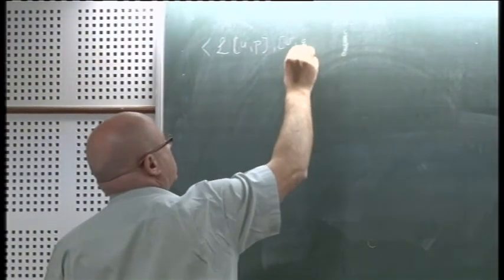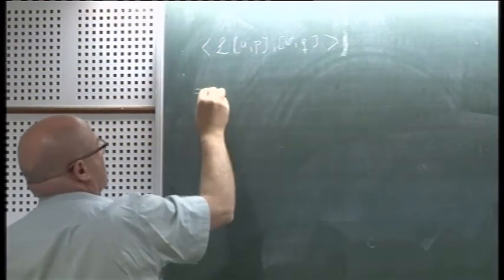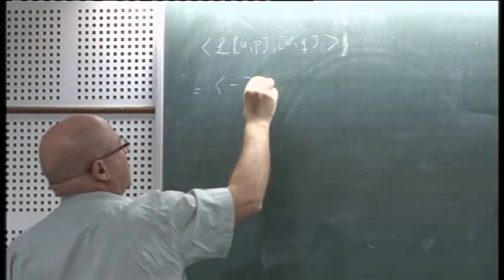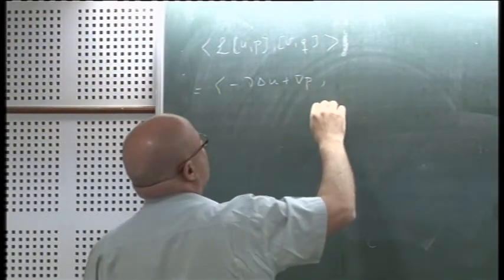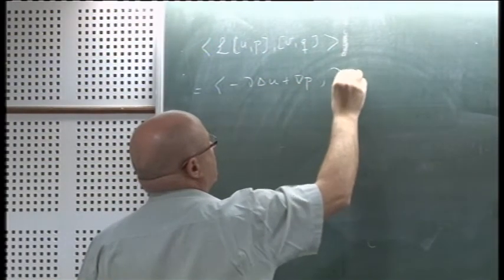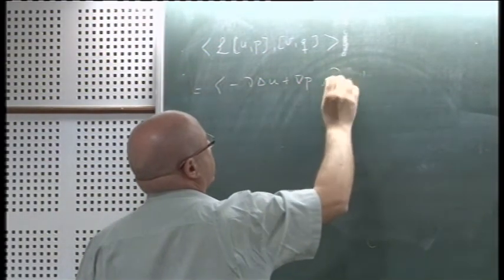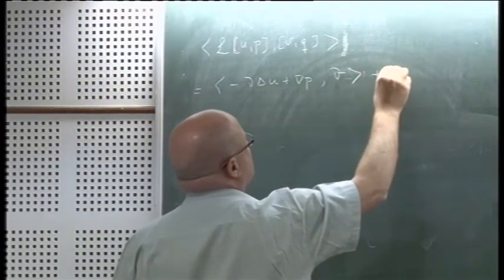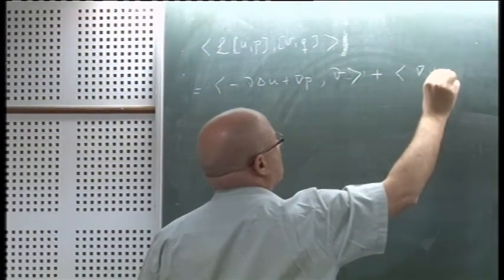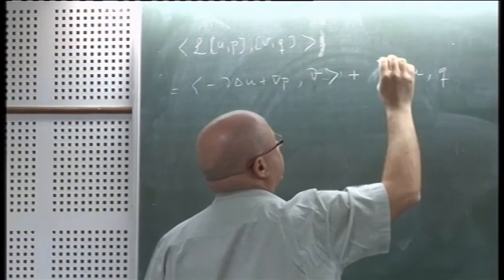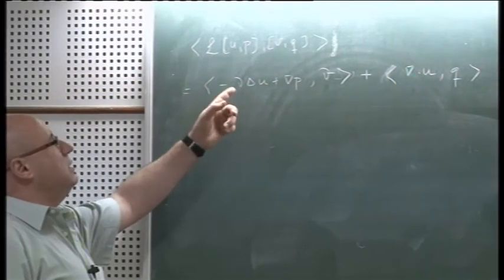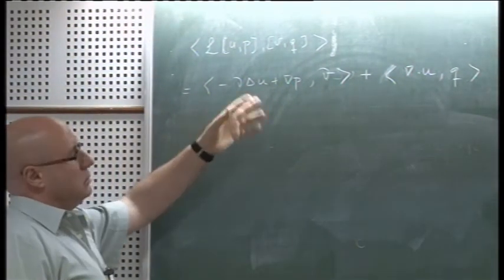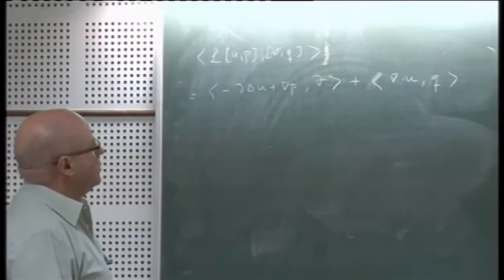Multiplied by the test function (V,Q), it is equal to minus nu Laplacian of U plus gradient of P, comma V, plus divergence of U, comma Q. I put angle parentheses to understand that this might not be defined globally, but either notation works, just to explain the idea.